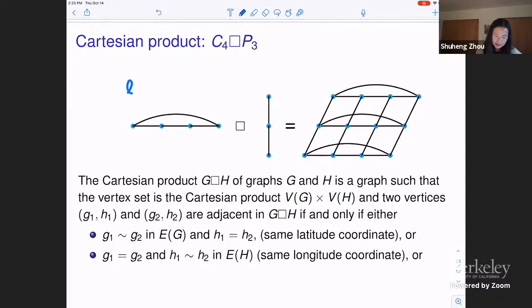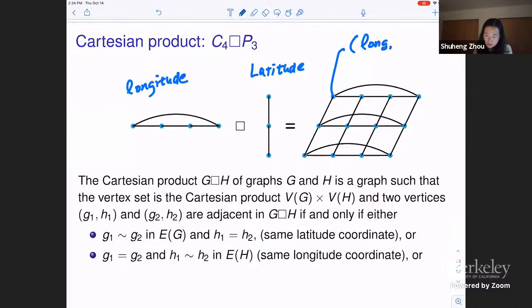If you think of this as the longitude, and this is the latitude, you can give a coordinate, which is a longitude and latitude coordinate, and then similar to the product graph, each node in the Cartesian product has two coordinates, which naturally correspond to longitude and latitude. However, the graph is a lot sparser in that two nodes are only connected if they belong to the same latitude or if they belong to the same longitude.